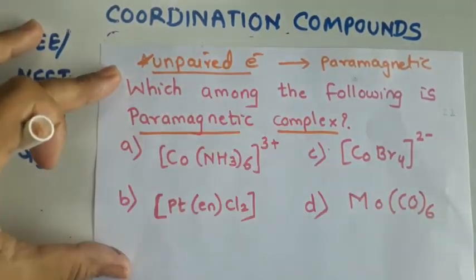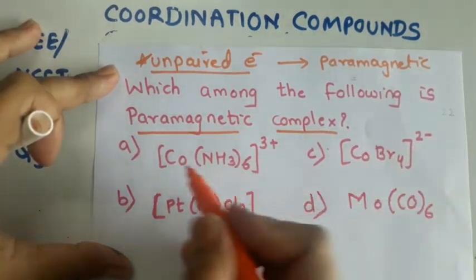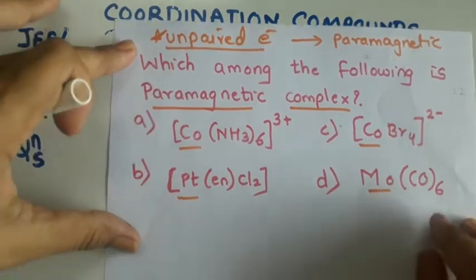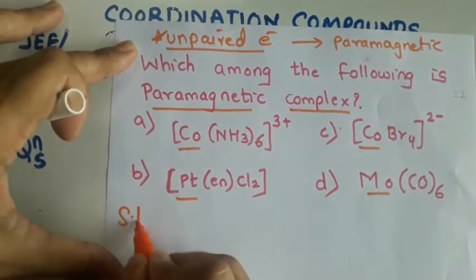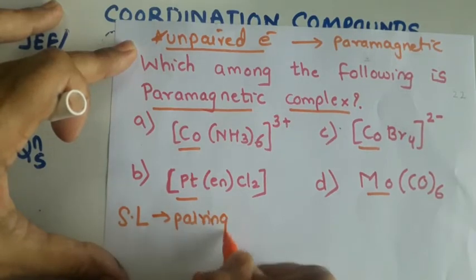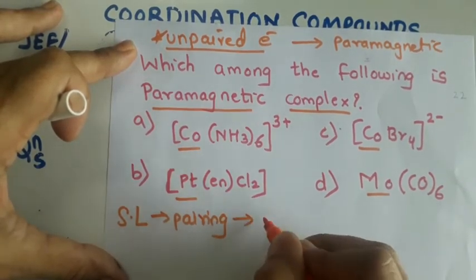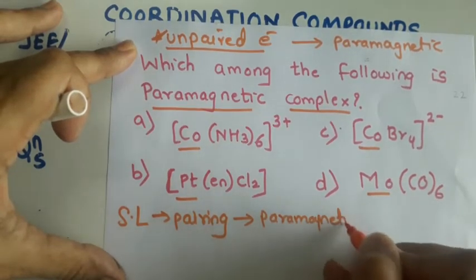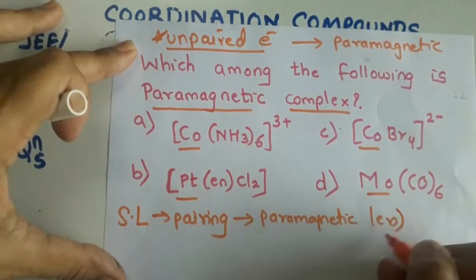Now how will we find out whether an unpaired electron is there or not? We should know the hybridization of each element, isn't it? One more thing you have to keep in mind: if we have a strong ligand, it leads to pairing. So if pairing is there, the chances of paramagnetism are very, very less.